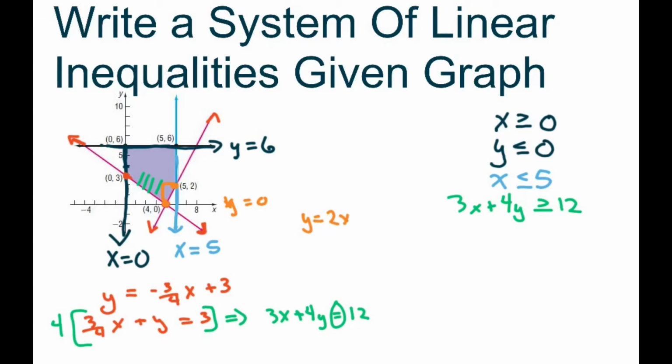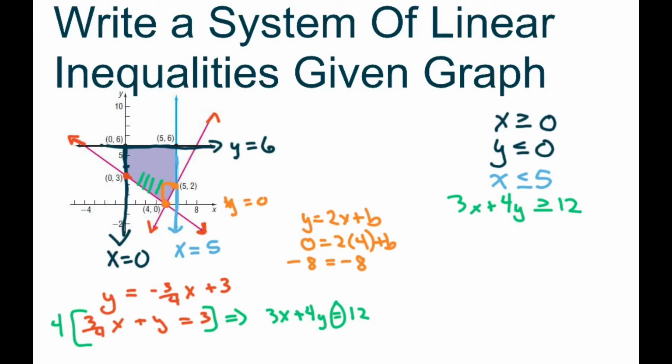And my y-intercept for this one, we don't know. So we're going to plug in one of the points to find our b. Let's plug in this 5, 2, or the 4, 0. If I plug in the 4, 0, I get y is 0 equals 2 times 4 plus b. Subtract the 8 from both sides, so b is negative 8.